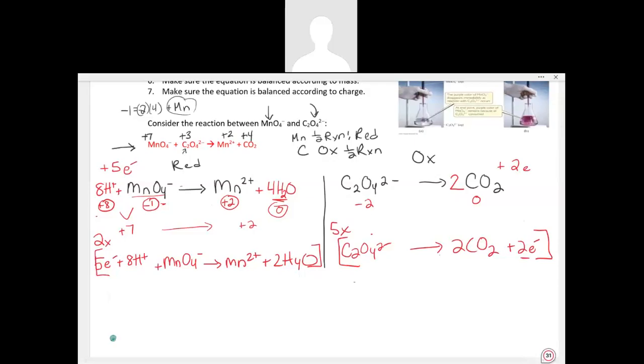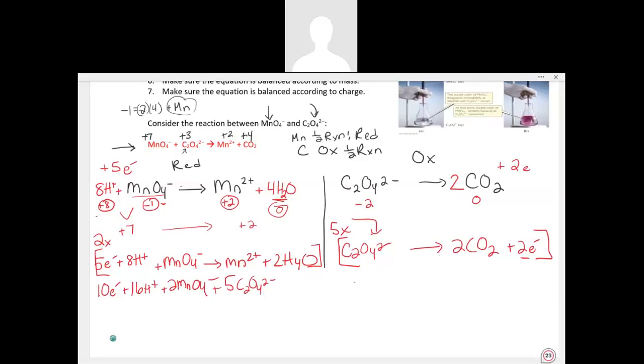So now, after I distribute that 2 and that 5, I'm going to combine all of my reactants and products here. On this side, I get 10 electrons plus 16 H+ plus 2 MnO4-. From this equation over here, I'm going to get 5 C2O4 2-.